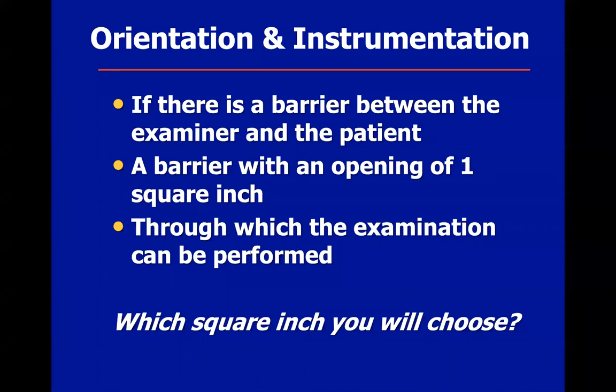If there is a barrier between the examiner and the patient, between me and my patient, and that barrier only gives you 1 square inch through which the examination can be performed, which square inch will you choose?